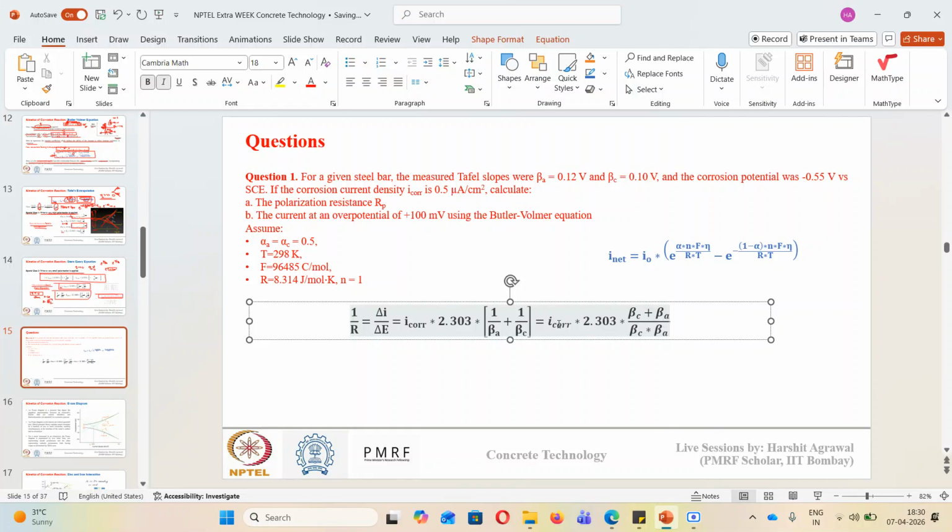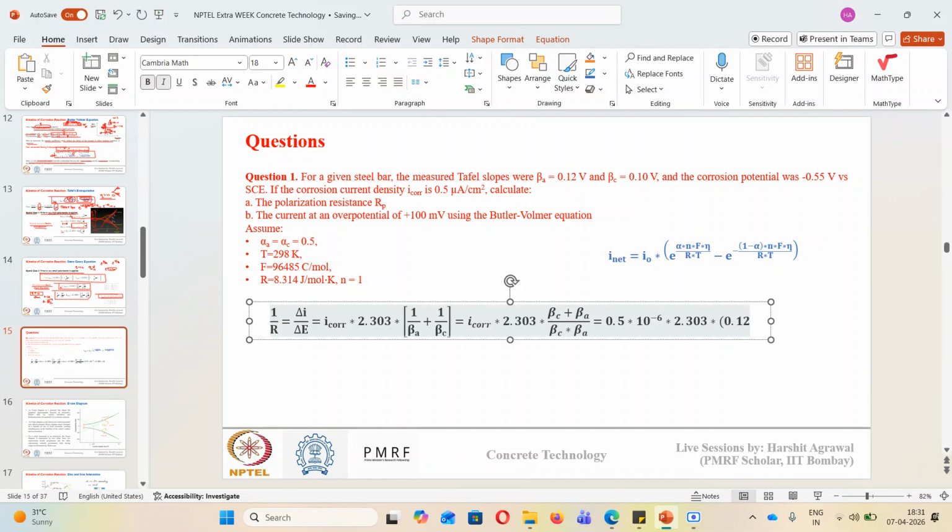Okay, so you just need to substitute the values given in the question. I corr is given as 0.5 microampere per centimeter square. So for micro, we will convert microampere into ampere, which is a multiplication of 10 to the power of minus 6, times 2.303 times beta a plus beta c.